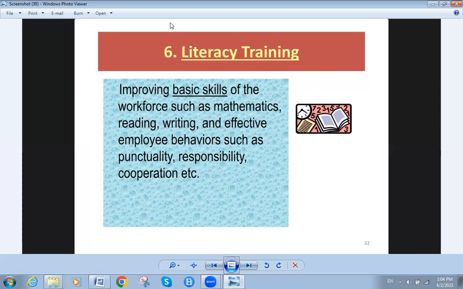These are the points literacy training cares about.